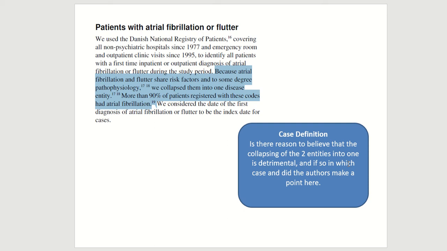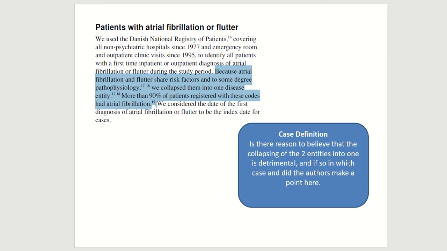What I'm trying to point out here, first of all, meaning cases. And remember, we said that when you're doing a case control, it should be a clear entity. In this study specifically, they're collapsing two entities. However, I told you that it is important when you're collapsing two entities or when you're identifying a case, an outcome, not to collapse it with another one because they may have different etiology.